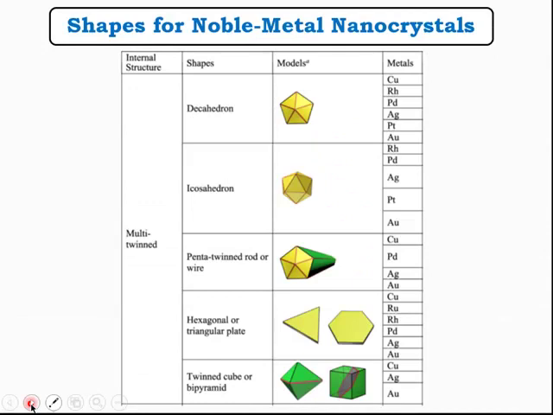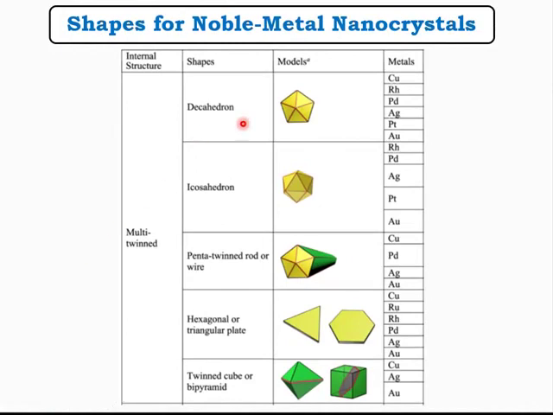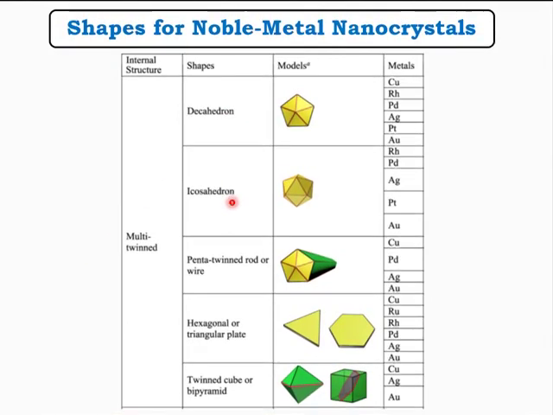In addition, there are possibly multi-twinned shapes for noble metal nanocrystals like decahedron, icosahedron, pentatwinned rod or wire shape, hexagonal or triangular plate, twin cube or bipyramid, with metals like palladium, silver, platinum and gold.